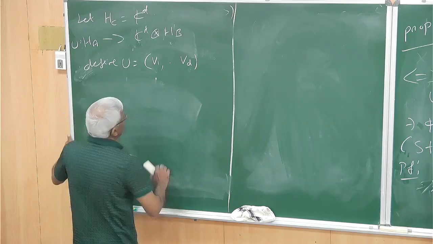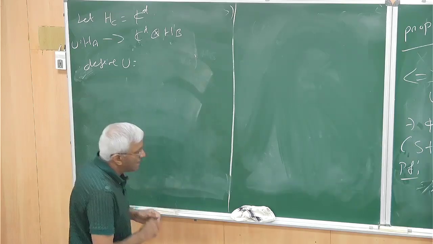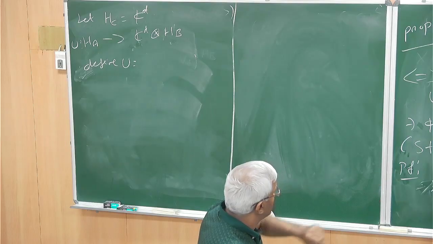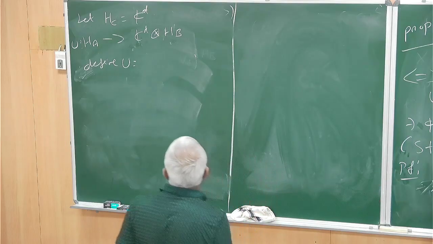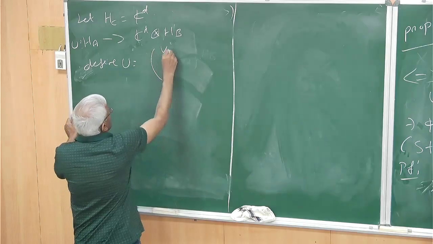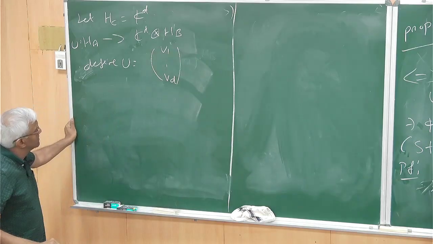Maybe I should write it as a column. Once again, let me see. There I have U star there. U is a column, V_1 up to V_d. Now it makes sense.